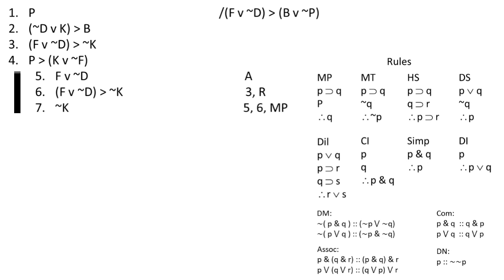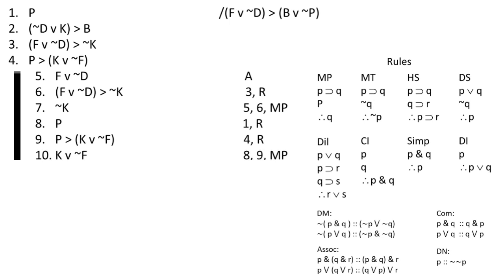On line 8, we'll reiterate premise 1 and also reiterate on line 9 premise 4. Using 8 and 9, we can do another modus ponens, giving us K or not F on line 10. Then we can use lines 7 and 10 to conduct a disjunction elimination, giving us not F. And then we can conduct another disjunction elimination using lines 5 and 11.